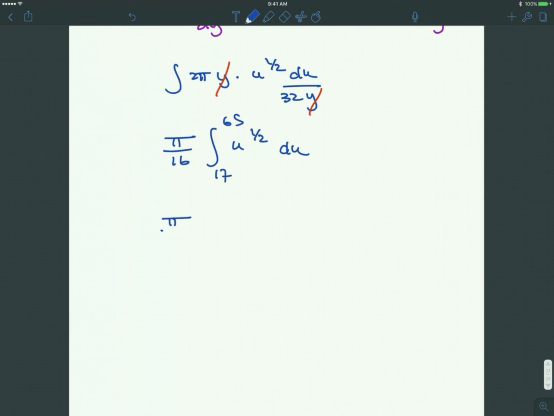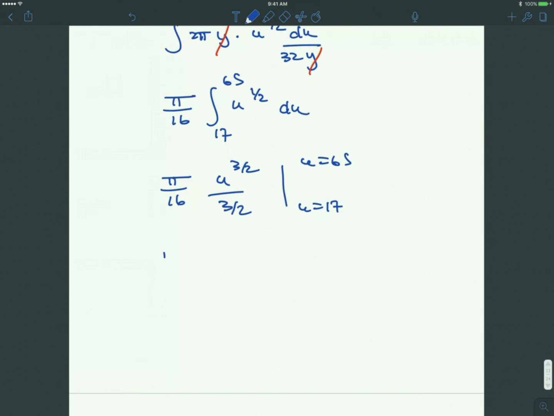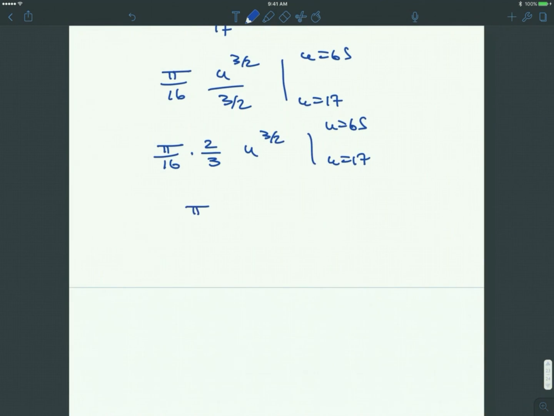Okay, let's integrate. Get u to the 3/2 over that 3/2. U is 17, and u is 65. I get pi over 16 times 2/3 u to the 3/2, 17 to 65. Pi over 24 u to the 3/2, u is 17 and u is 65.